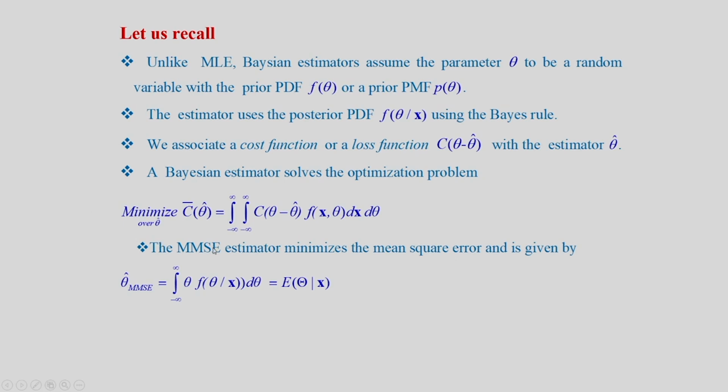The MMSE estimator, minimum mean square error estimator, minimizes the mean square error and is given by theta hat MMSE equal to the integration from minus infinity to infinity of theta f of theta given x d theta. That is the conditional expectation of the random variable theta given x. So, MMSE is given by the conditional expectation of theta given x.